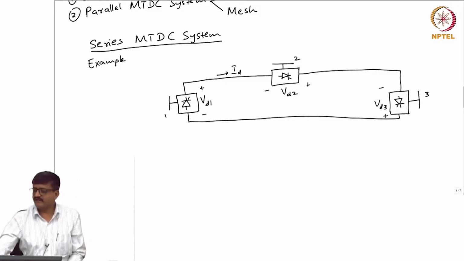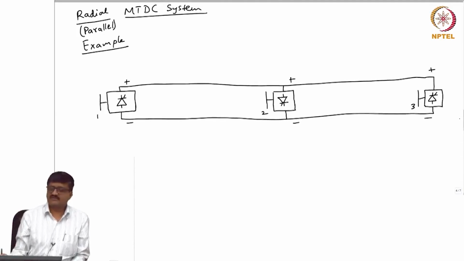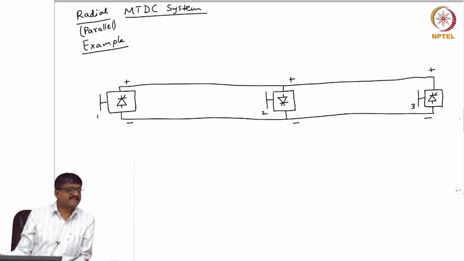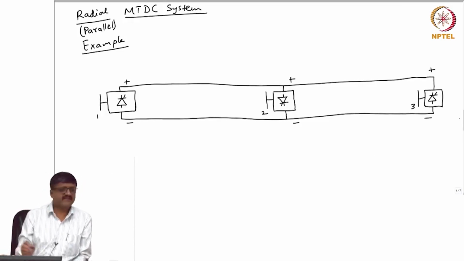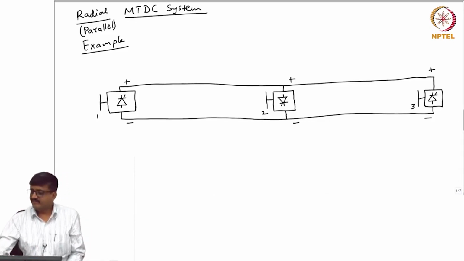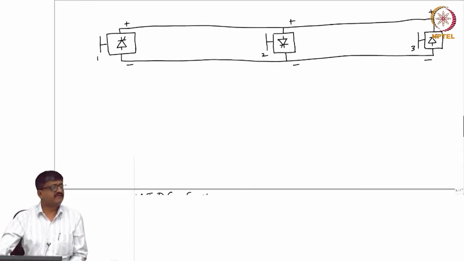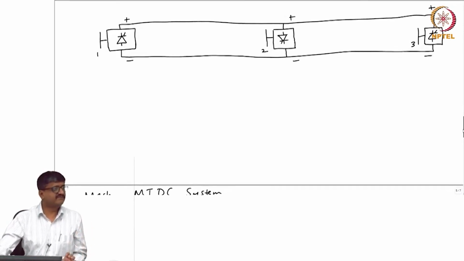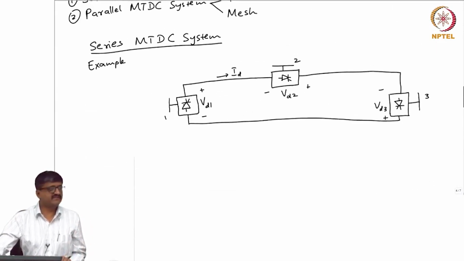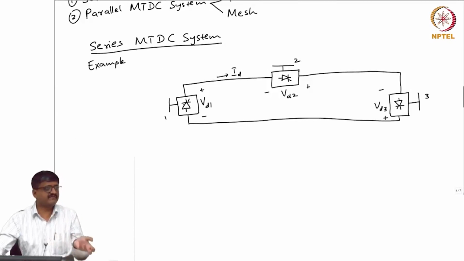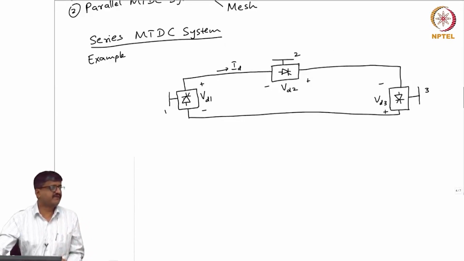On the other hand, if you take a parallel system, suppose the connection between 2 and 3 is lost, I can still have the connection between 1 and 2 intact. I can still transfer power between 1 and 2. Okay. So, operation of the parallel system is still possible if I remove one of the lines, but that is not the case in series, because the circuit won't be completed without even one wire.